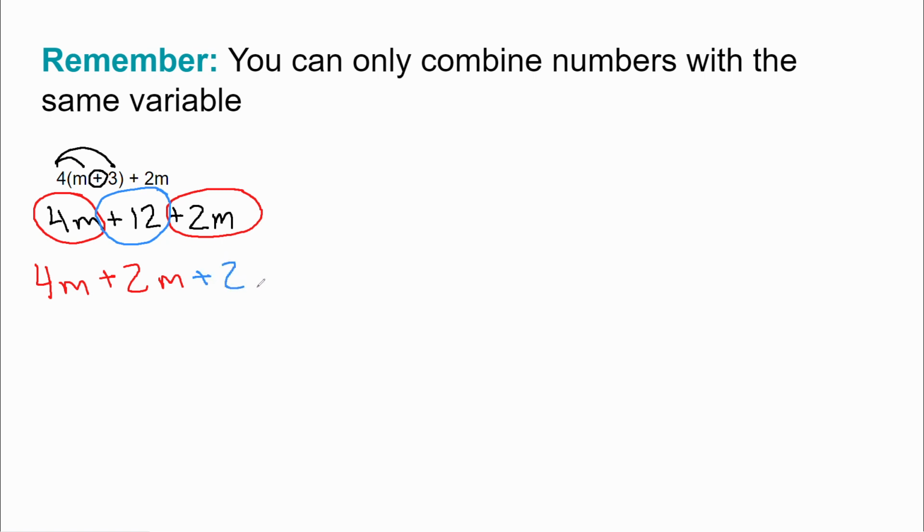Now I'm going to combine like terms. 4m plus 2m is 6m. And then I don't have any other terms with no variable, so I'll just put plus 12. I've combined everything that has the same variable, so that's my final answer.